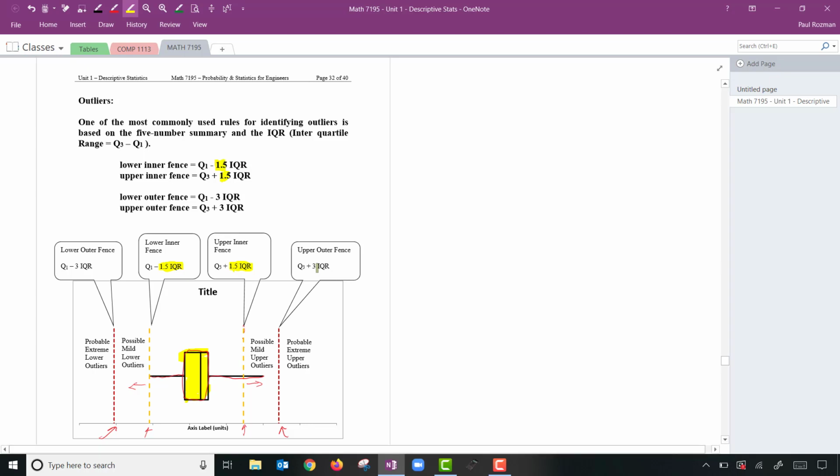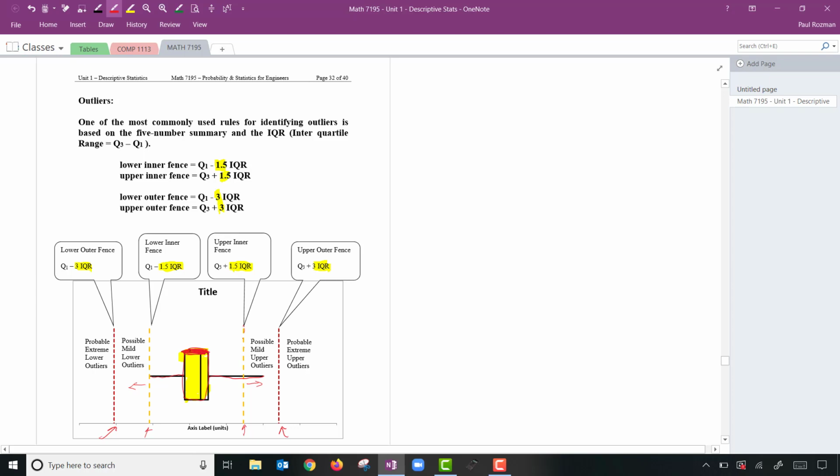We can go out to 3 interquartile ranges, and that's when we determine extreme outliers. So think of 1.5 interquartile ranges as sort of like a z-score of plus or minus 2. And then think of 3 interquartile ranges as corresponding with a z-score of plus or minus 3. If you look at this plot, I think I drew it mostly to scale. Remember what the interquartile range is. It's the width of the box.